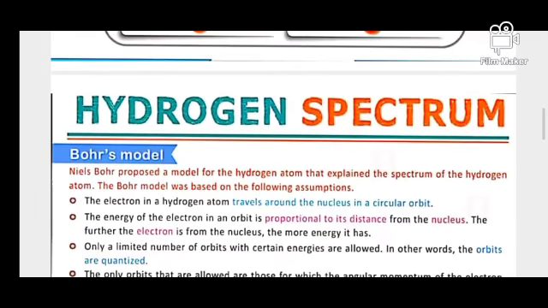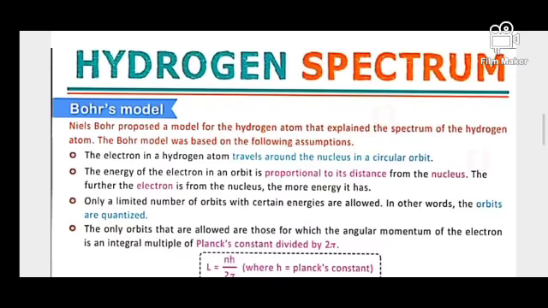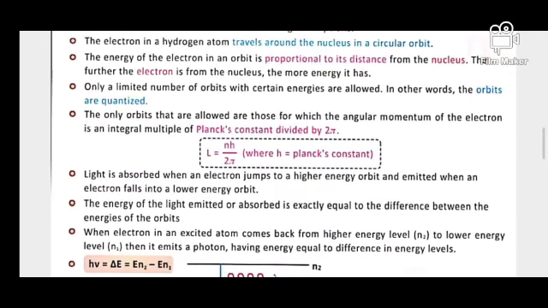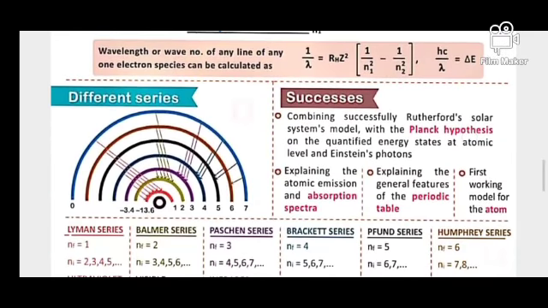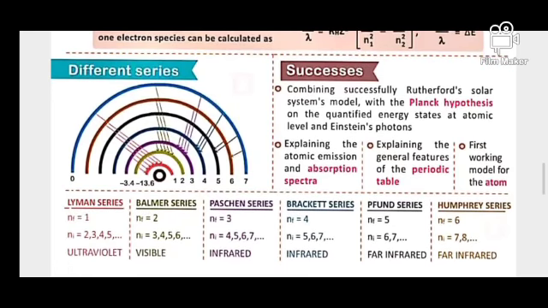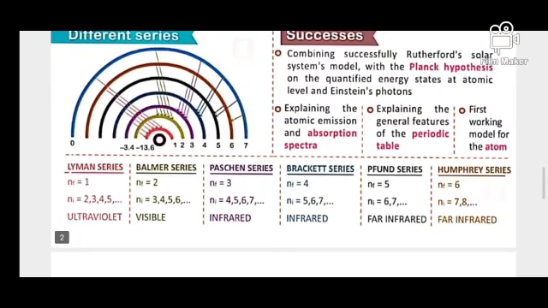After that, the hydrogen spectrum, which is described by Bohr's model. Generally Bohr's model states that there are some different light series which are found in the hydrogen atom, and this is known as the hydrogen spectrum.